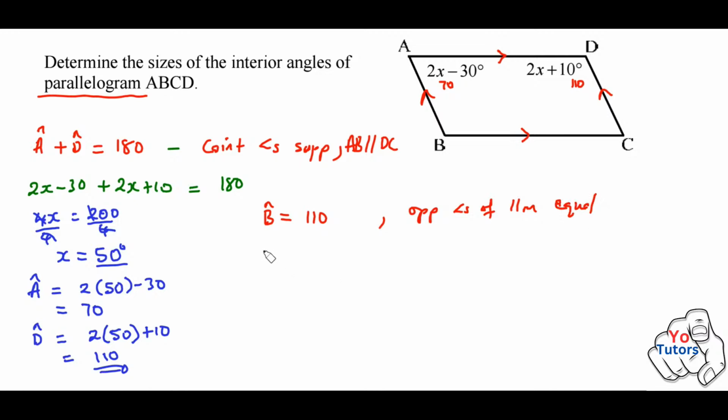Then what else can we say? C is equal to 70. Why? Opposite angles of a parallelogram are equal. So we have found everything.